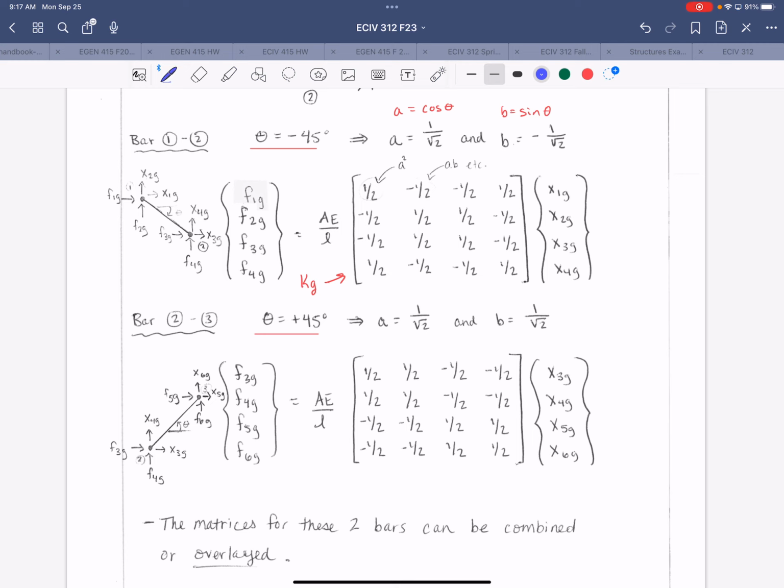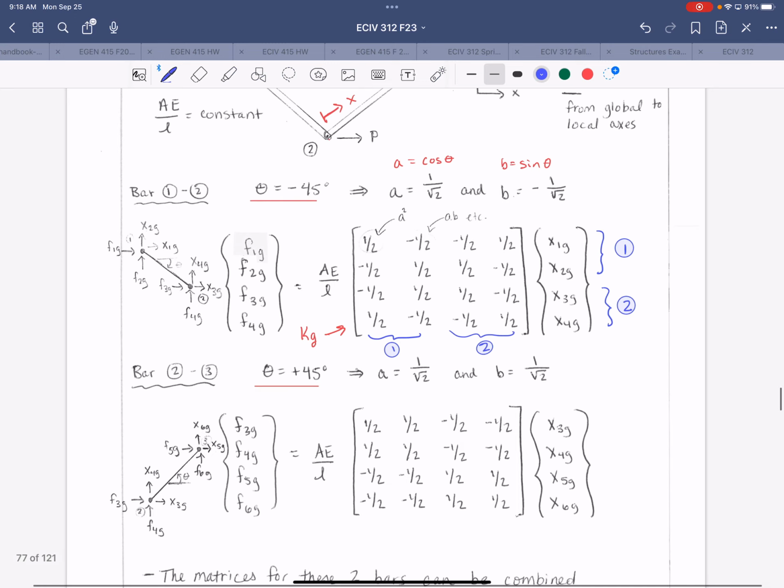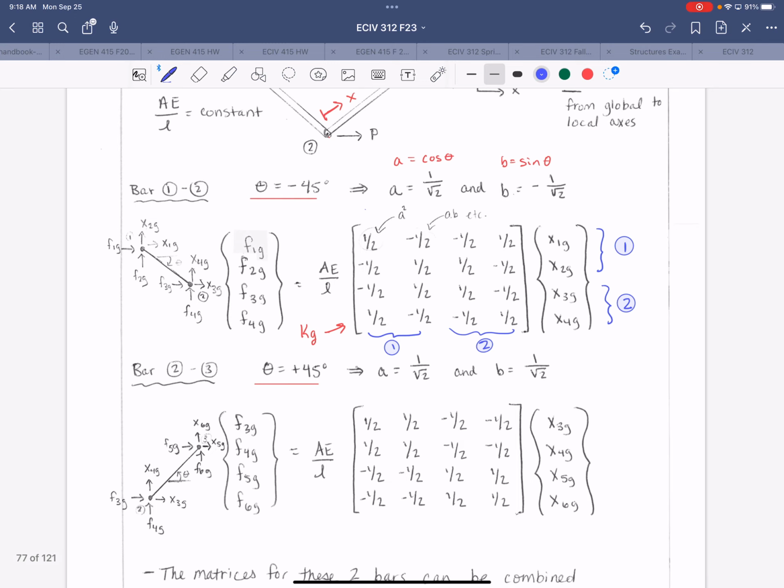What I'm going to do now is label the columns and rows according to what node they're associated with. So here we have the node 1 rows, node 2 rows, the node 1 columns, and the node 2 columns. I like to label the columns according to what displacement they're associated with.